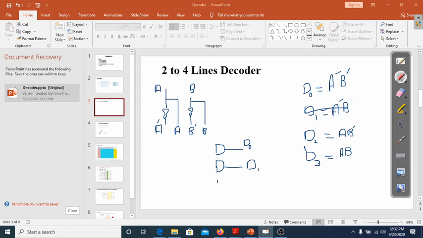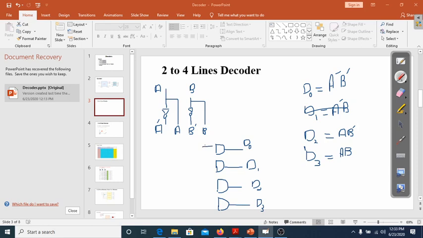Let me draw another AND gate. This is D2. Another AND gate. This is D3.